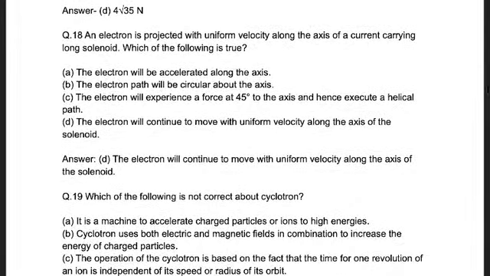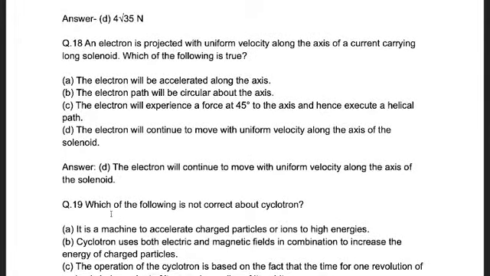Question number 19. Which of the following is not correct about cyclotron? A. It is a machine to accelerate charged particles or ions to high energies. B. Cyclotron uses both electric and magnetic fields in combination to increase the energy of charged particles.